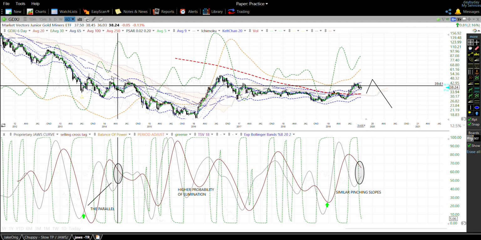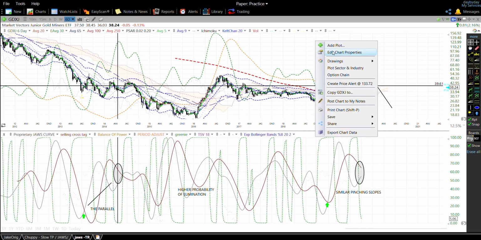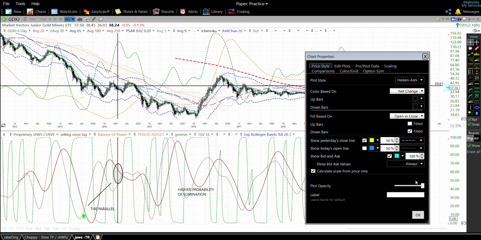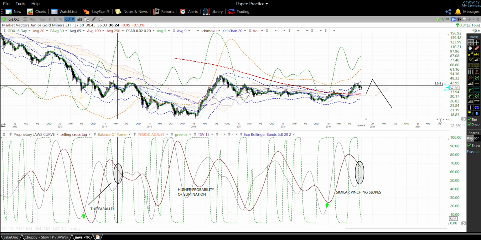Now let us look at the structure here of the price fractal. And if we take a look at this maybe in a Heikin-Ashi smooth format, we may be able to see resemblances in the moment. As we can see, Greeny dropped here and just dropped and curled over here.